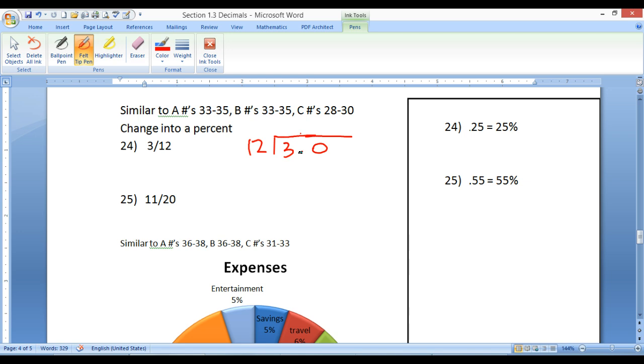Okay, so now we need 12 to go into 30. So that's going to be 2 times. 2 times 12 is 24. Subtract is 6. If you're not comfortable doing that right off the top of your head, go ahead and borrow. That's fine.